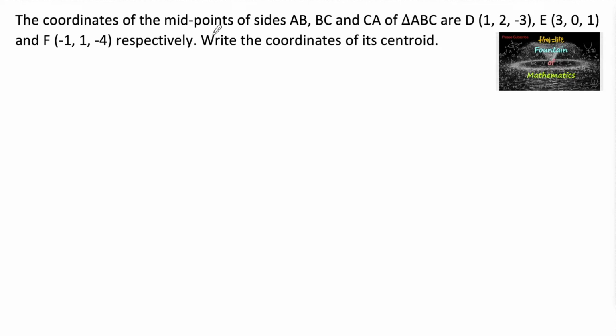The coordinates of the midpoints of the sides AB, BC and CA of triangle ABC are D(1, 2, -3), E(3, 0, 1) and F(-1, 1, -4) respectively. Then write the coordinates of its centroid. So take a triangle ABC.